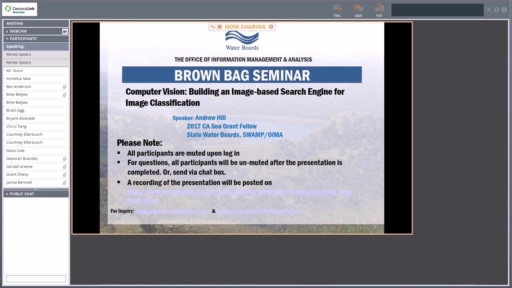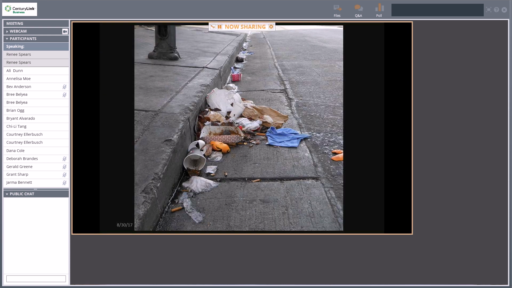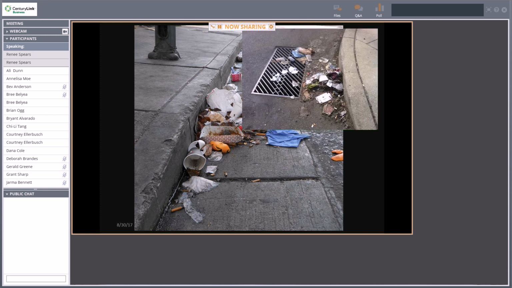So building an image-based search engine, we identified that we could apply this in a question we've been asking around trash. So in 2015, the State Water Resource Control Board passed the trash amendments, which addresses trash as a pollutant. So right now, trash that you find on our streets enters our storm drain system.